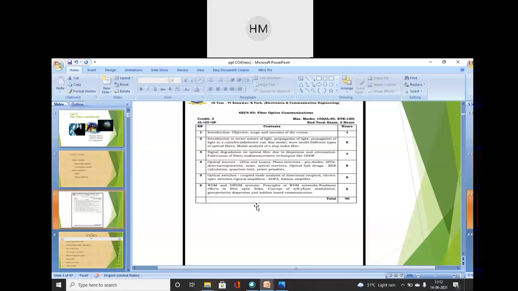Step by step we are discussing this syllabus thoroughly. And this subject is very, very important right now, because research on 5G technology is continuously going on. We will soon launch 5G also. So we have to use fiber optic communications there.